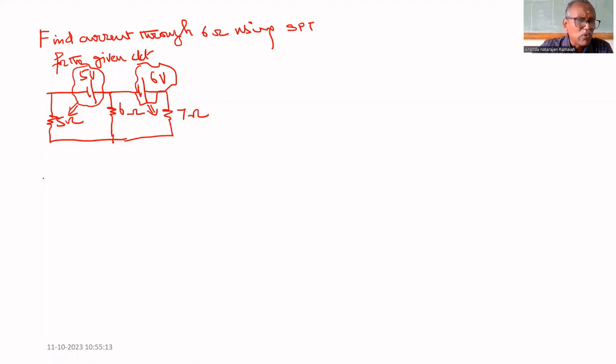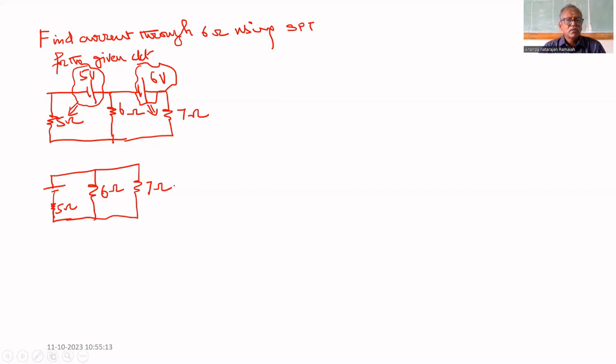Now consider only the 5 volt source, with the 5 ohm resistance and 6 ohm resistance. Short circuit the other source, the 6 volt source, while considering one source.